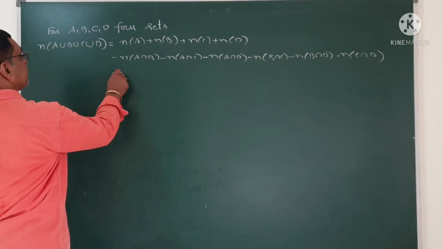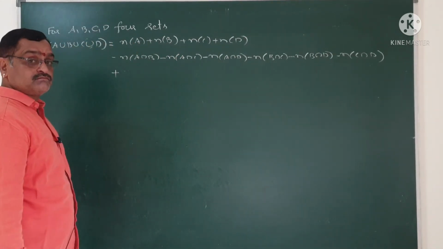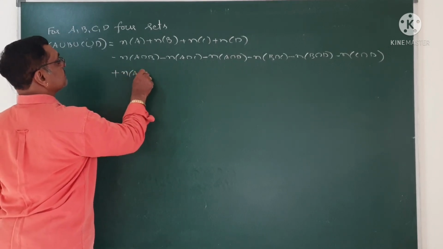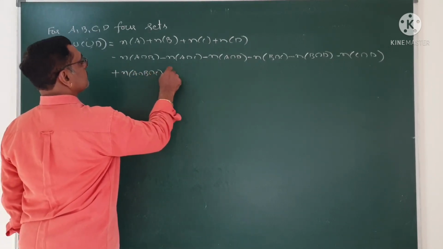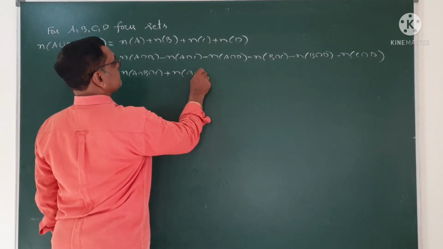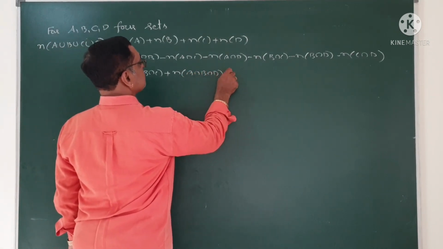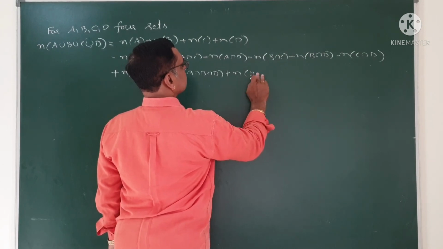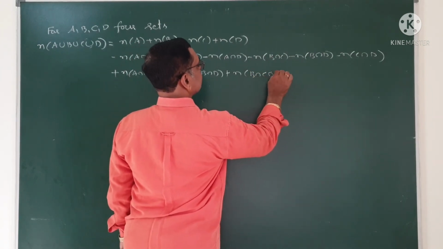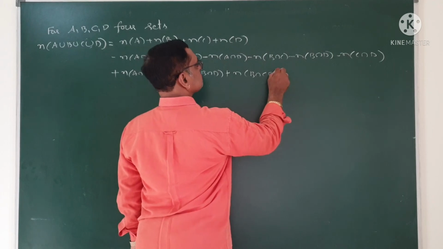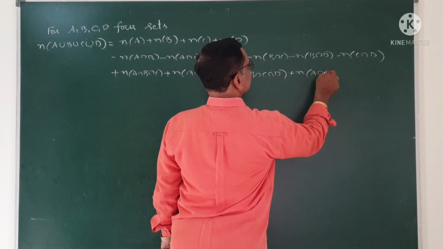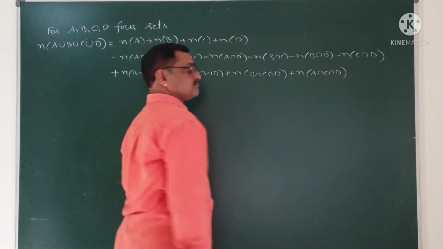Then I take combinations of 3: n of A intersection B intersection C plus n of A intersection B intersection D, and so on for the other triples.